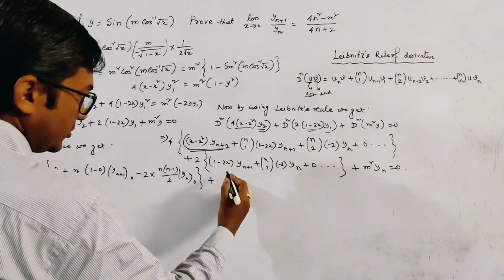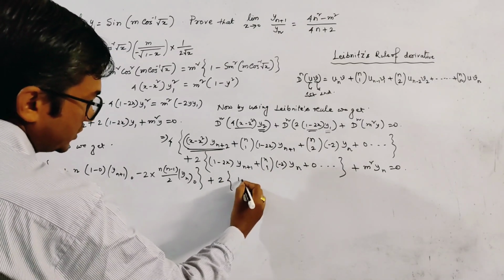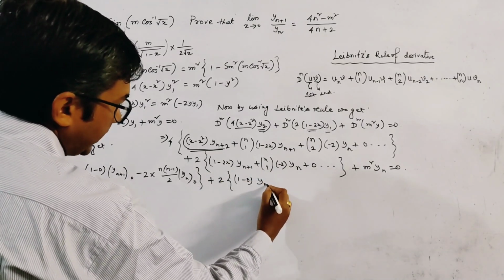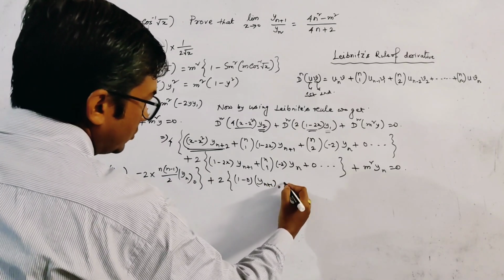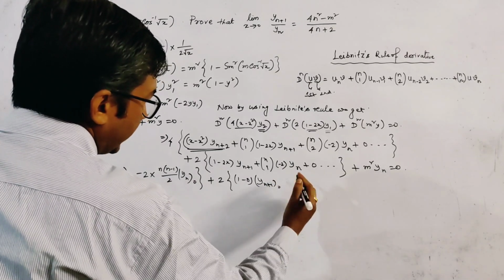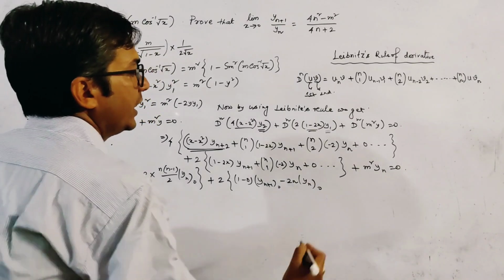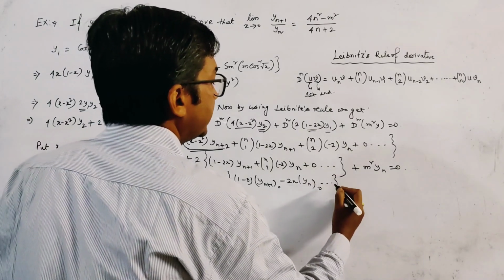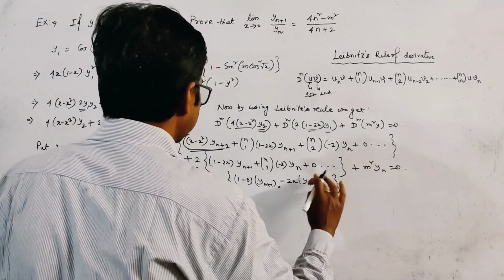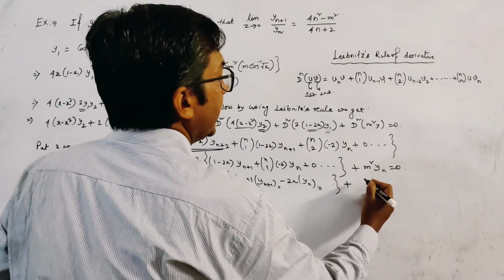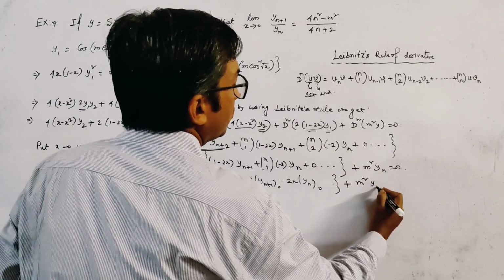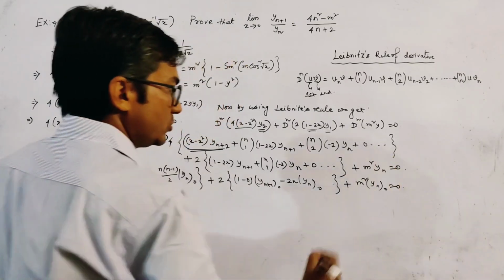For the second term, we get 2 times [y_{n+1}(0) − 2n y_n(0)], and all the other terms are 0, plus m² y_n(0), equal to 0.